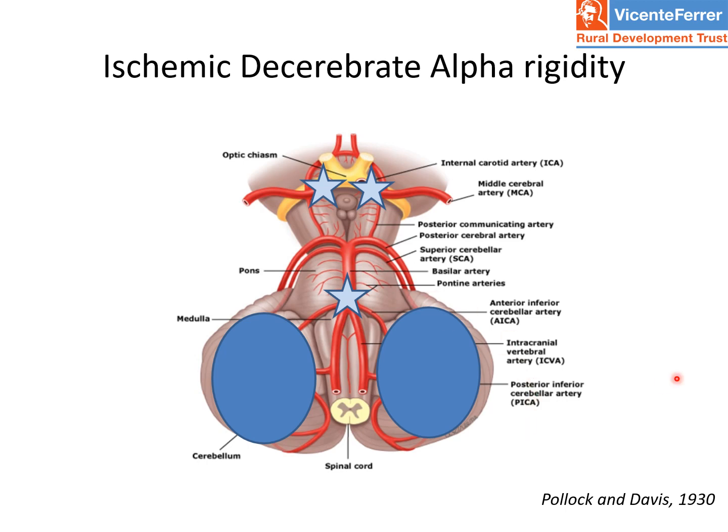Another experiment was done by Pollock and Davis in 1930, where he created an ischemic decerebrate posturing. He did this by ligating the internal carotid arteries and the basilar artery at the lower margin of the pons.